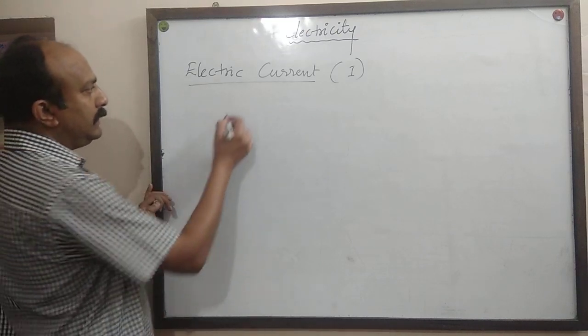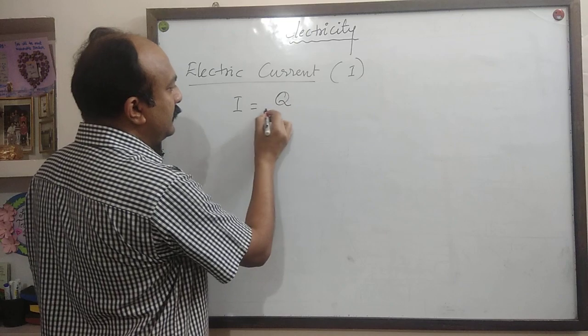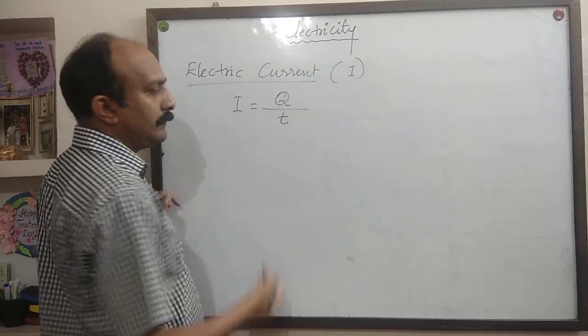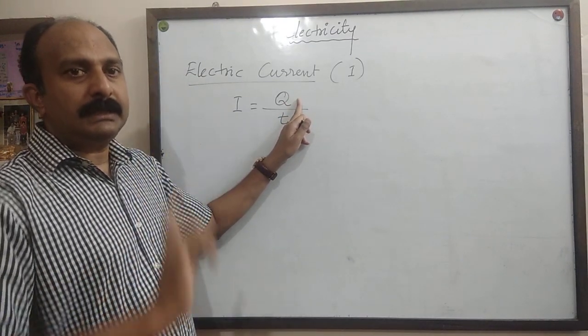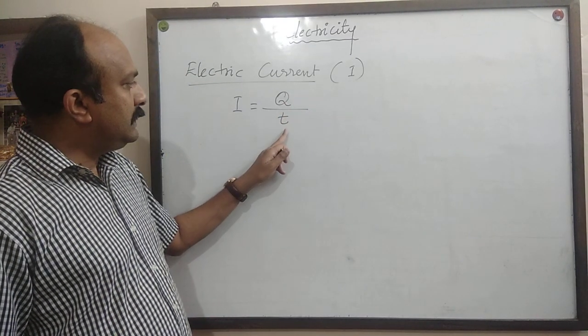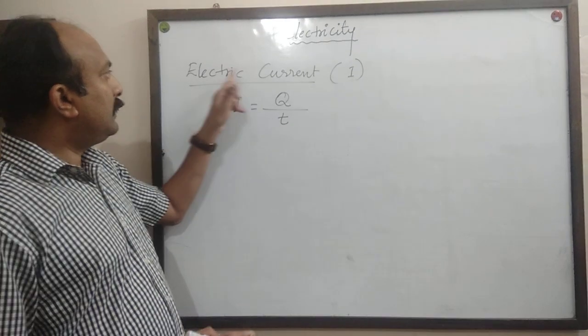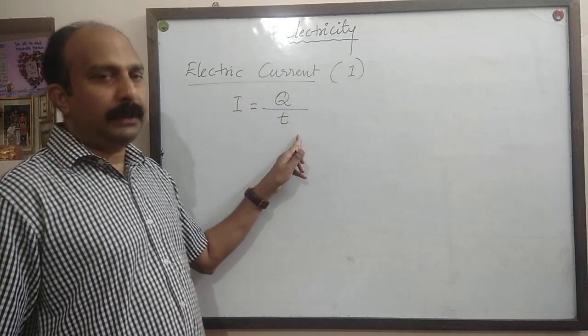So electric current can be defined as quantity of electric charge flown per time. Here Q stands for quantity of charge flown, and small letter t for time. So the formula for electric current I is I is equal to Q upon t.